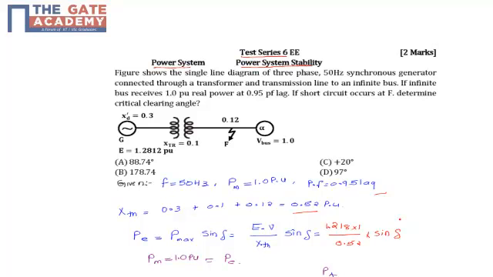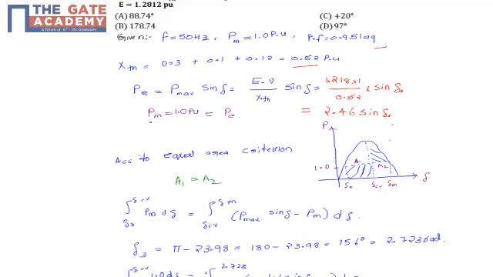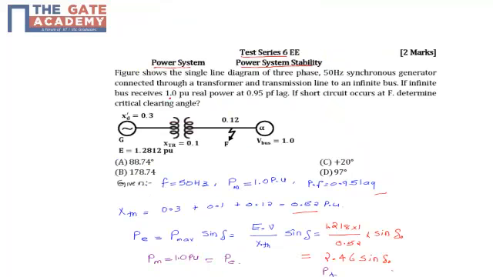After solving, the value of PE is 2.46 sin delta naught. The value of PM given in the question is 1.0 pu, the real power, which is equal to PE.